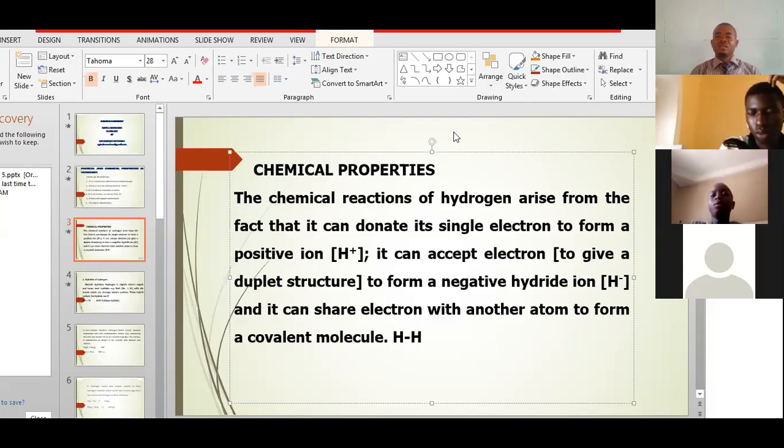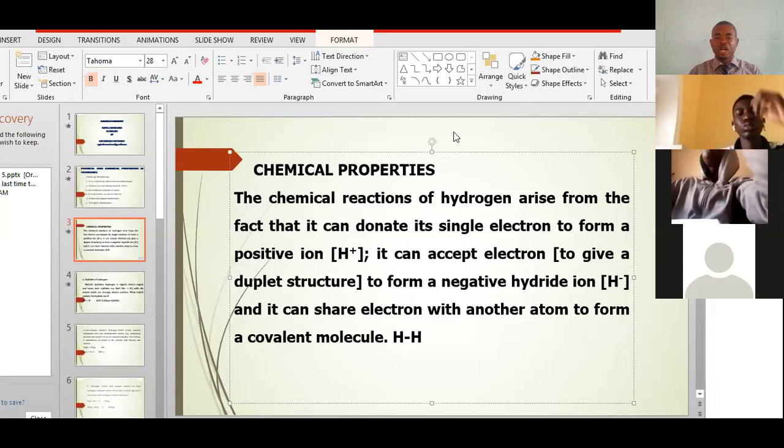Now, hydrogen has just one orbital with one electron. It can lose that electron to become positively charged. Then you have the hydrogen ion.